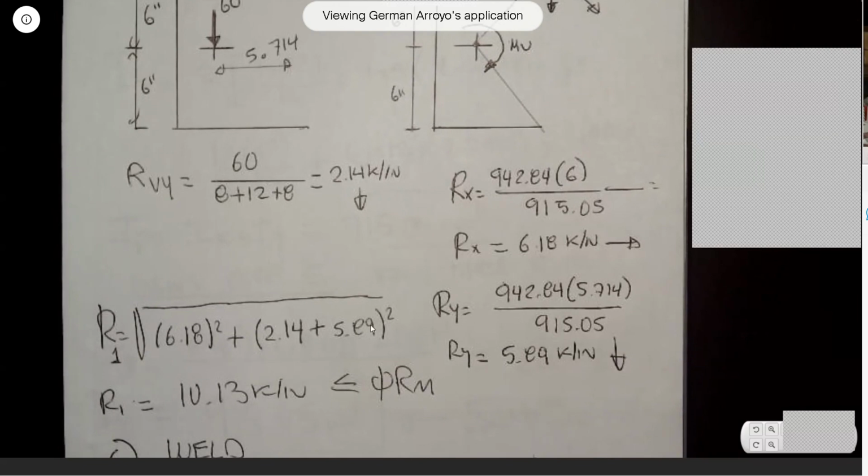The resultant is 10.13 kip per inch. They have to be smaller than either the capacity of the weld per inch, or the shear yielding per inch, or the shear rupture.